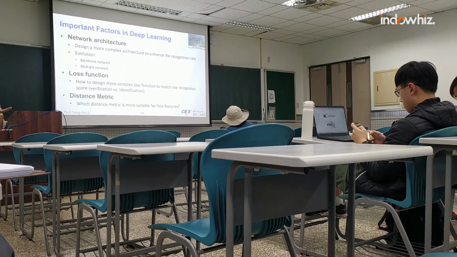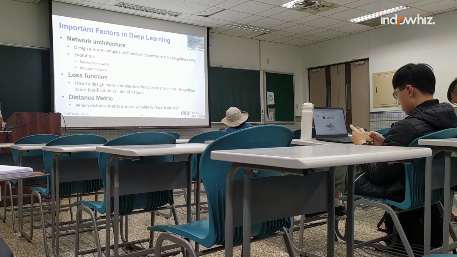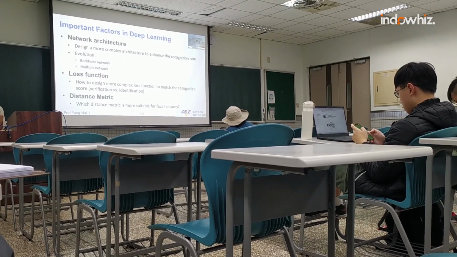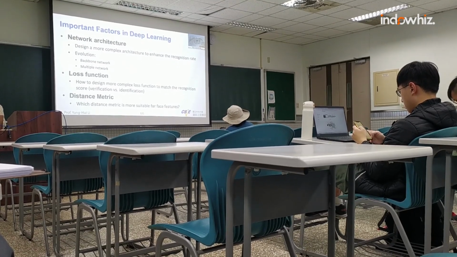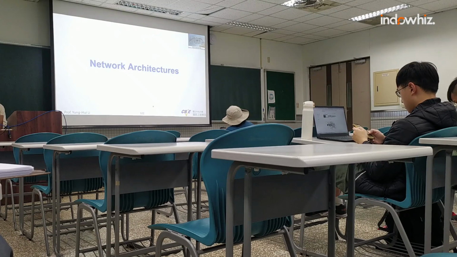But is that always the best thing we can do? Maybe not, right? Because Euclidean distance is just one kind of distance matching. Maybe we can think about other metrics, which may be more helpful when we are doing face recognition. Okay, so next we will talk about these important factors one by one.